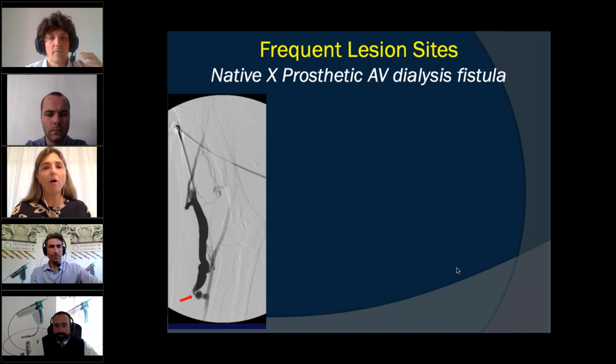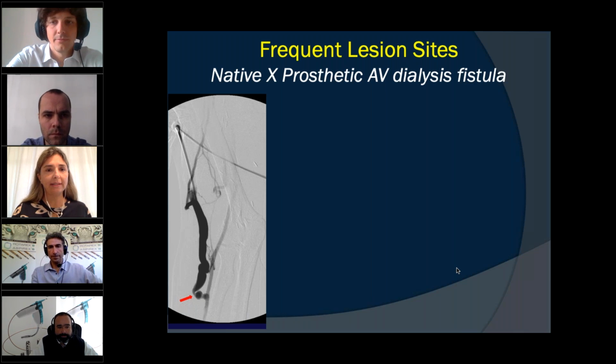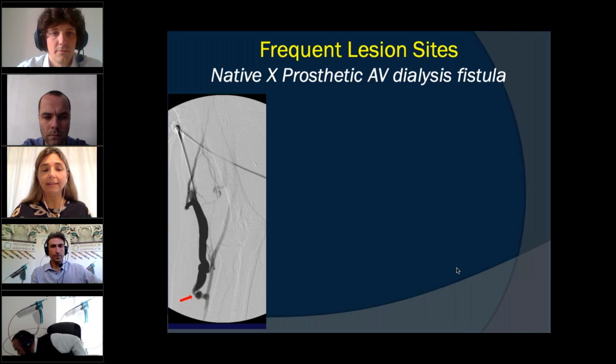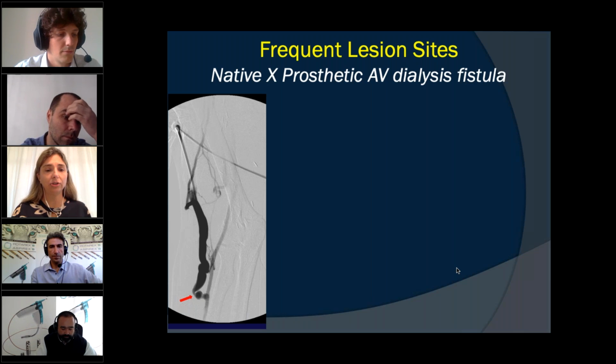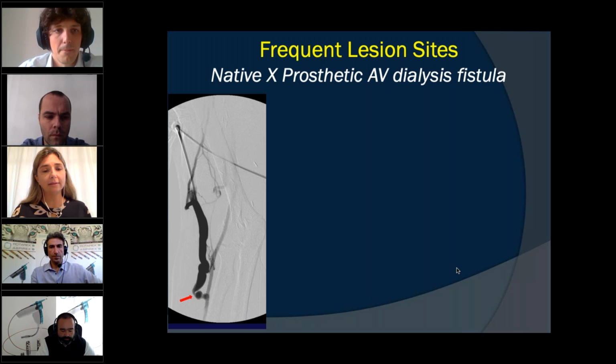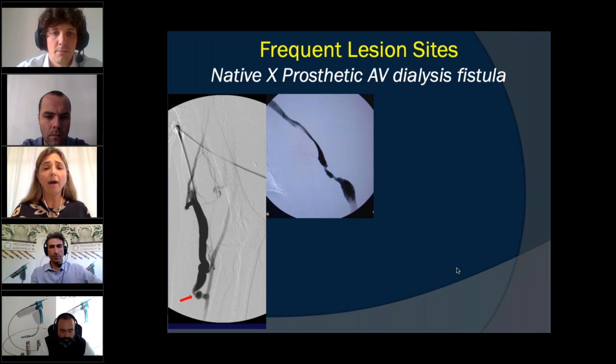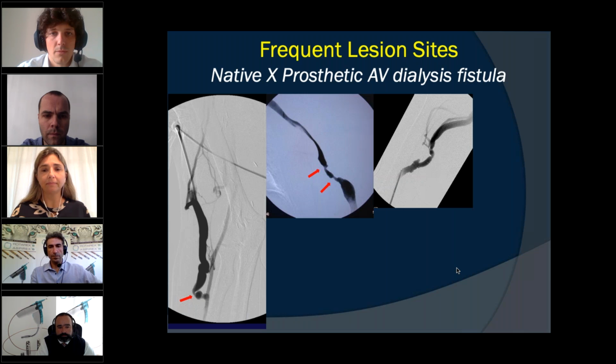We always have to consider, when treating occluded native or prosthetic AV dialysis fistula, the site of occlusion. You have to imagine which is the most probable lesion. For distal native fistulas, you have the ones close to the arterial anastomosis. You also have, on the outflow tract, the ones in between the puncture sites.